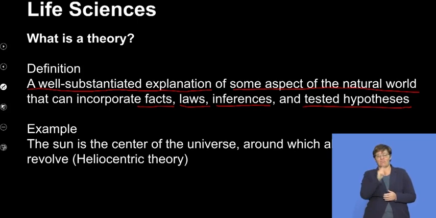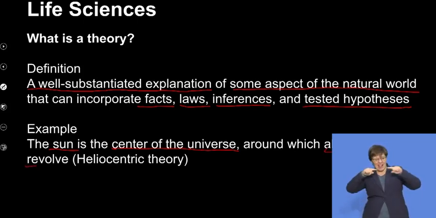If we look at this example, we accept as fact that the sun is the center of the universe. So everything revolves around the sun, all the planets, including Earth, would revolve around the sun.